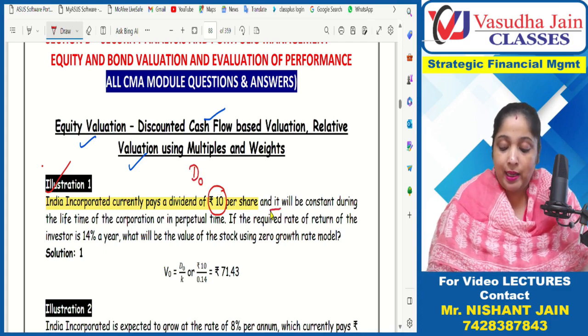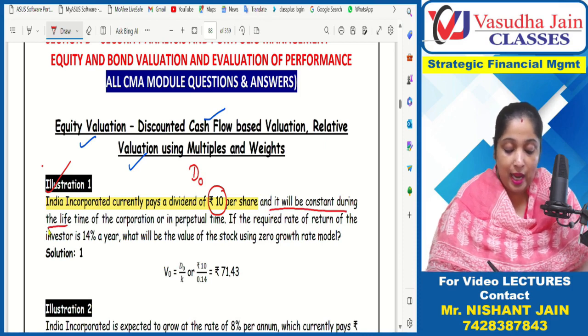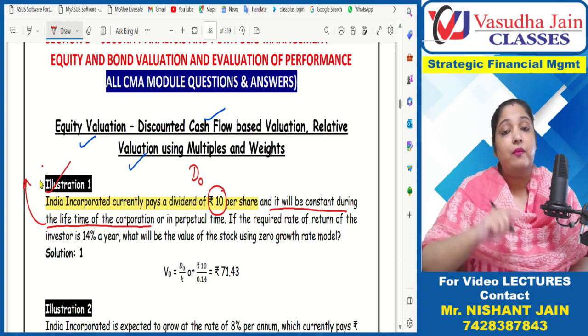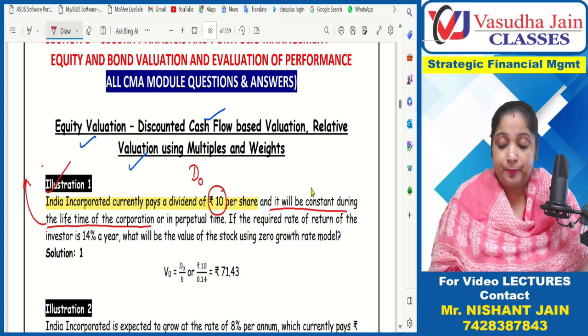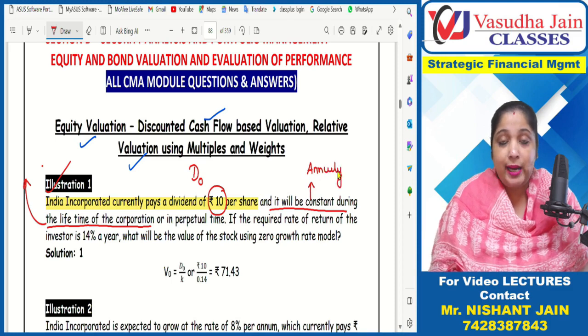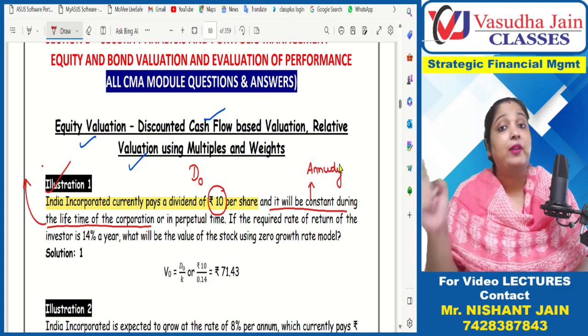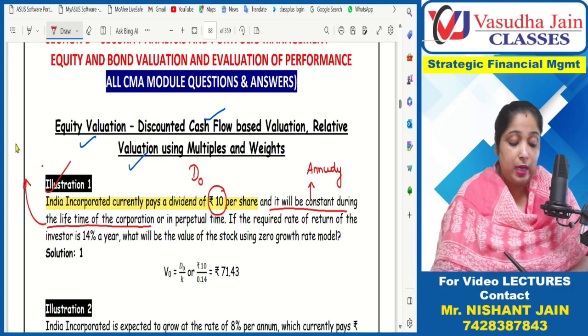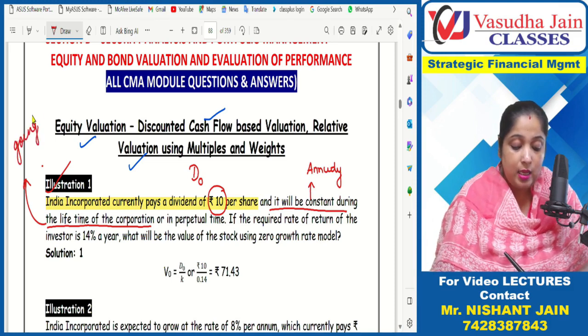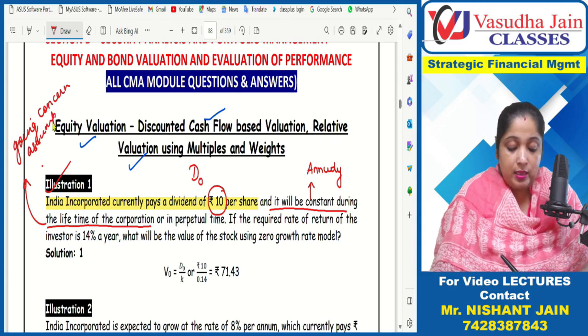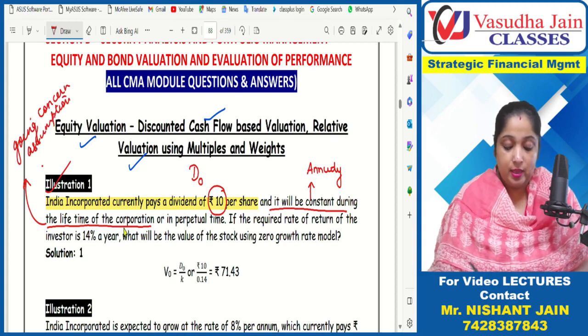And it will be constant during the lifetime of the corporation. They are trying to tell you that this dividend will continue constantly, that is, it is a case of annuity. Every year you will get the same dividend for the lifetime of the corporation. Lifetime means they are trying to tell you the going concern assumption. They are not mentioning any year, such as that this dividend will be paid till 10 years or 5 years.